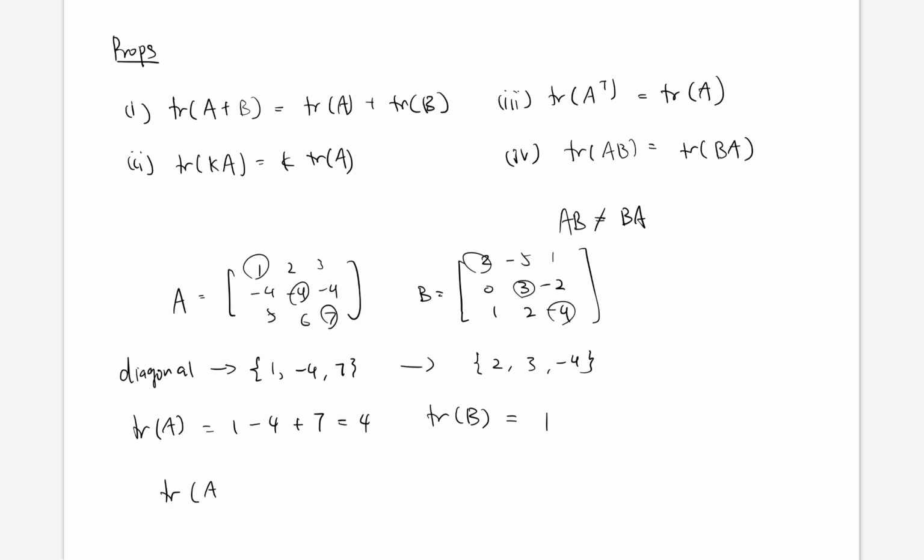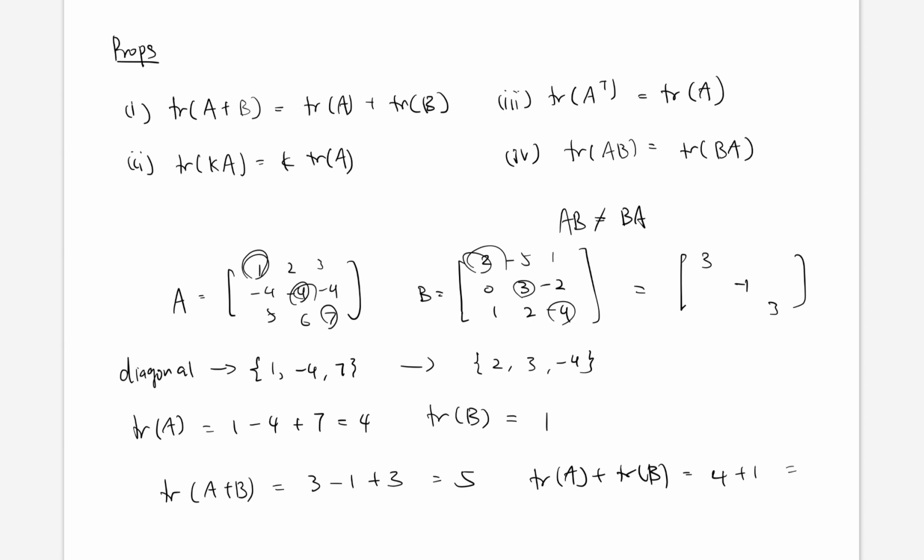The trace of A plus B, well, A plus B, your new matrix will have 1 plus 2, 3, minus 4 plus 3, minus 1, and 3. So it will be equal to 3 minus 1 plus 3, which is equal to 5. And then if you check the trace of A plus the trace of B, we'll get 4 plus 1, which is 5, and these two are the same. You can do this for the rest of the properties if you feel like it.